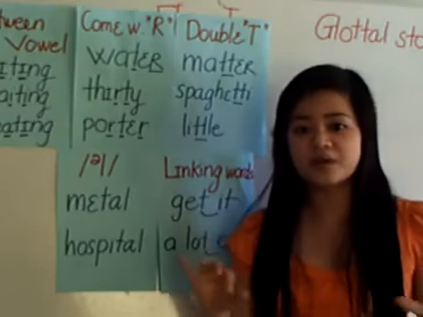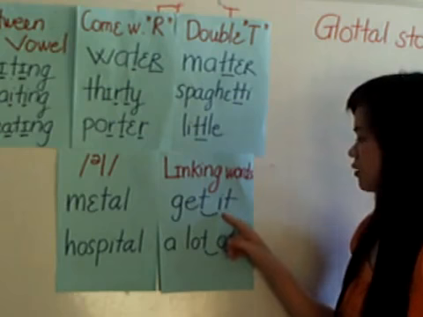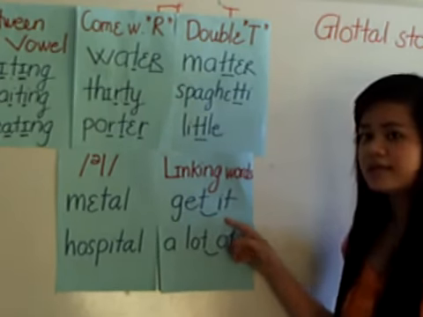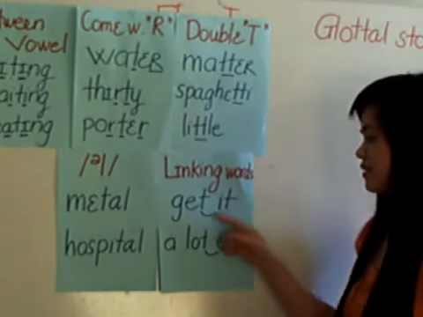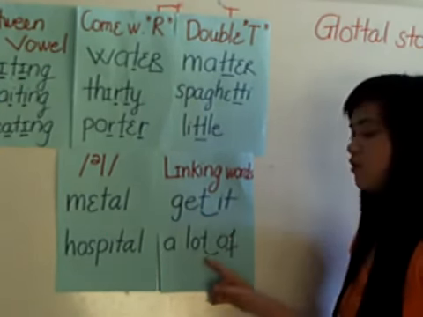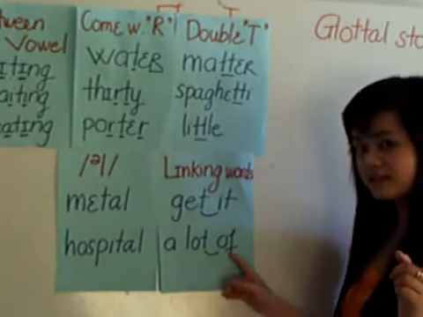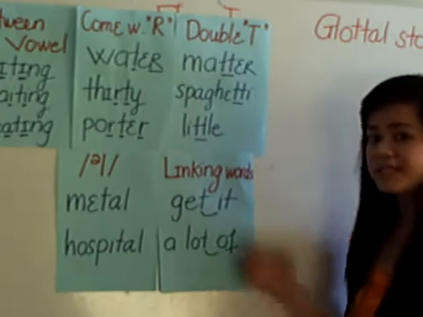I mean they are separate words, but if the word after the letter T begins with a vowel, then when you read it very fast, you connect them, and you say get it, a lot of. You don't say get it or a lot of, but say get it and a lot of instead.